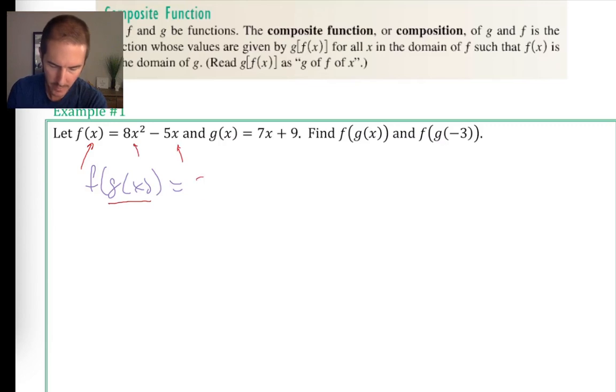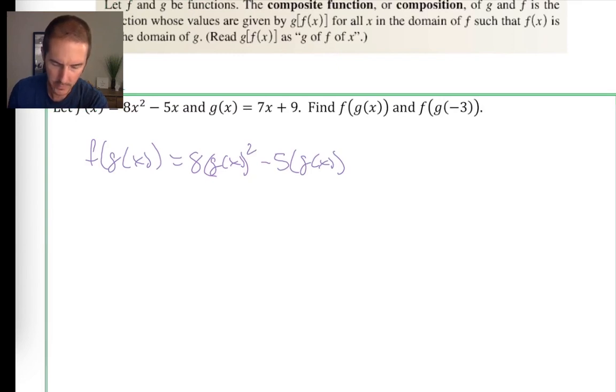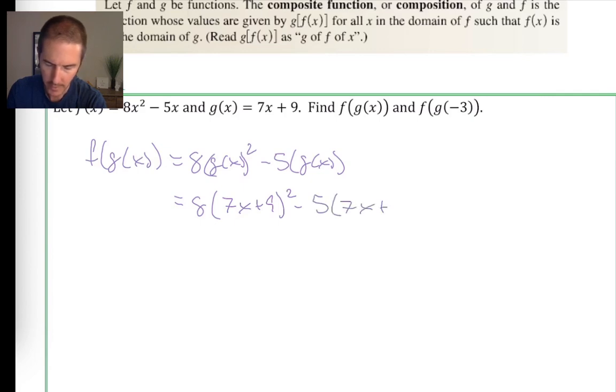So now we have 8 times g of x squared minus 5 times g of x. And then let's replace those g of x's with what g of x actually is. So we have 8 times 7x plus 9 quantity squared minus 5 times 7x plus 9.